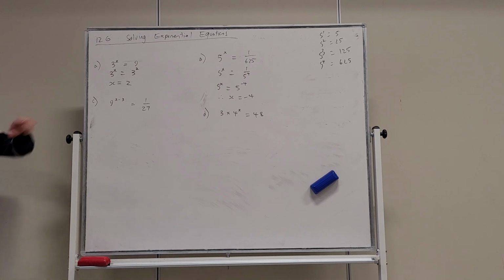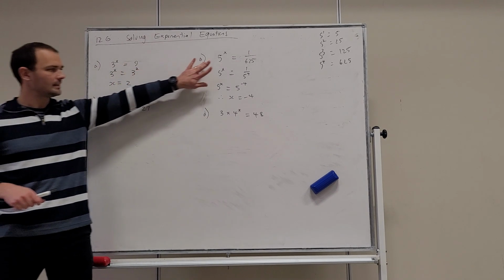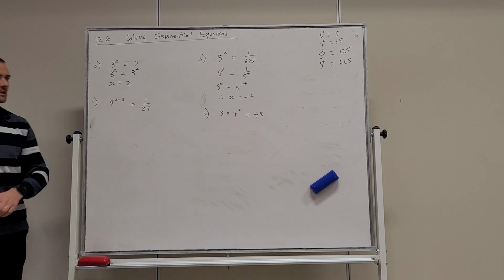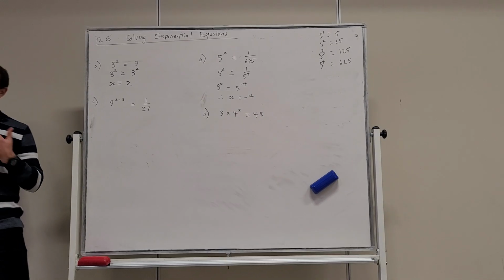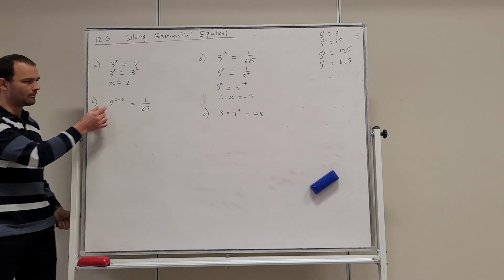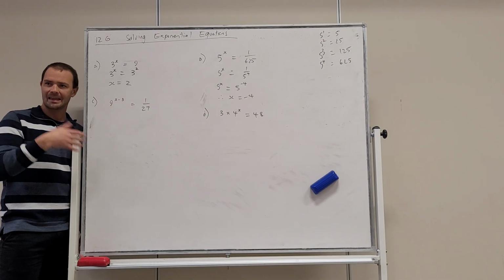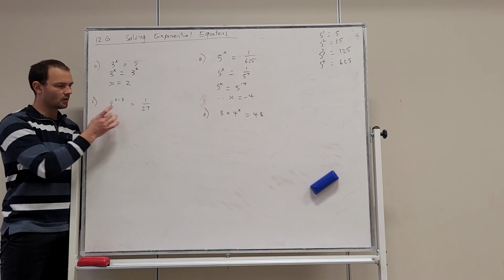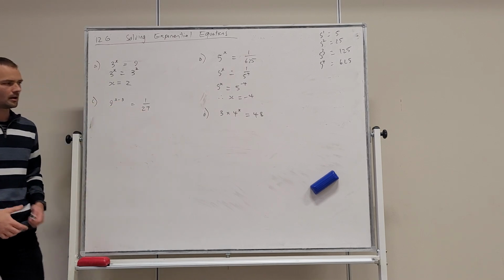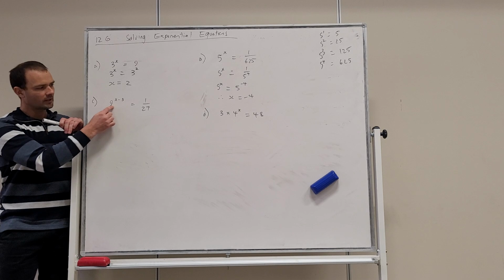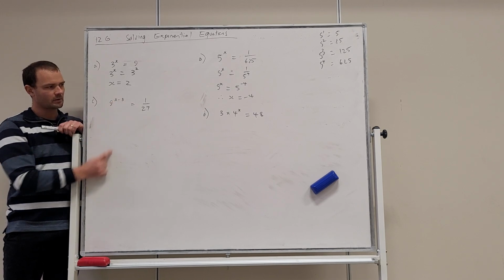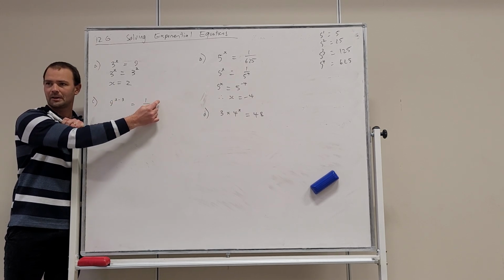They'll start nice and easy like A, B, getting a bit more complex. And then when we get into things like C, it's not immediately obvious that they have a base in common. But what we may have to do is express both sides as a simpler base. So I'm looking at 9 and I go, oh, 9, that's 3 squared, and 27, that's 3 to the power of 3.